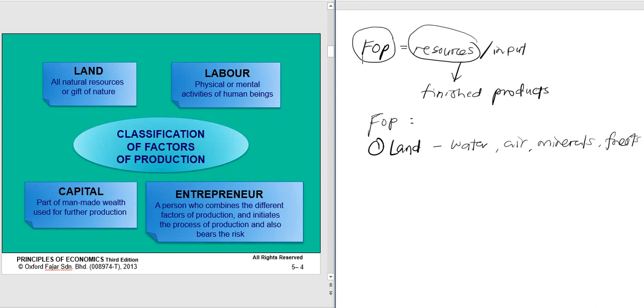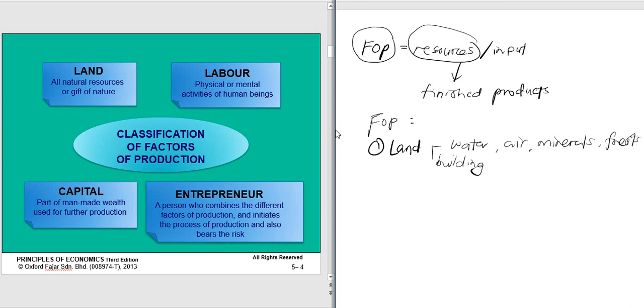These are all natural resources that can be used to produce a certain product and obtain the finished output. It can also involve buildings, not necessarily natural resources. So buildings are also an element of land in production. If you rent a land together with a building, that is considered as the first factor of production that you are going to use.